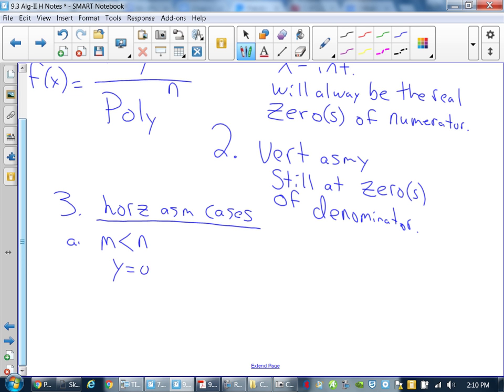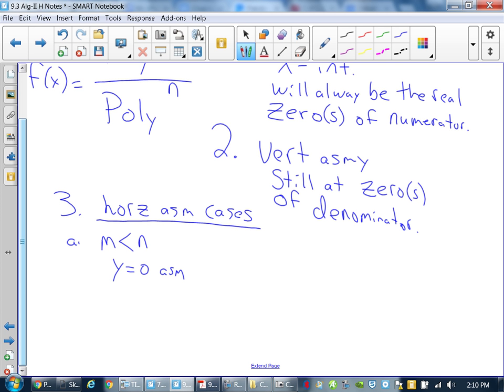Y equals 0 is our asymptote. It's pretty easy. So basically that means if you have 2x squared plus 4 over x cubed minus 17, it means you have a horizontal asymptote at 0. That's all. You're just looking at the degrees of the polynomials. Okay?